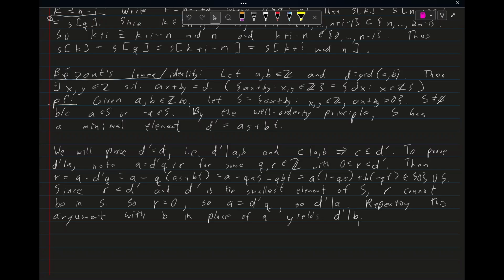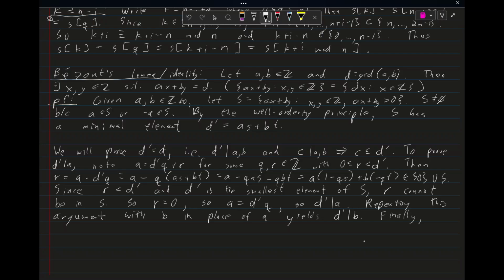So that's part of the way there. Now we need to prove that if C divides A and B, then C is less than or equal to D prime. Basically, we know that D prime is a common divisor of A and B. We need to prove it's the greatest common divisor.